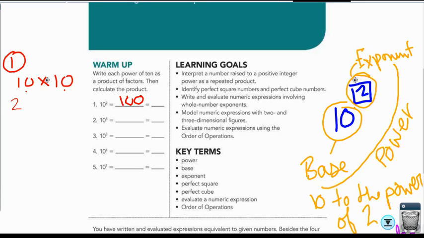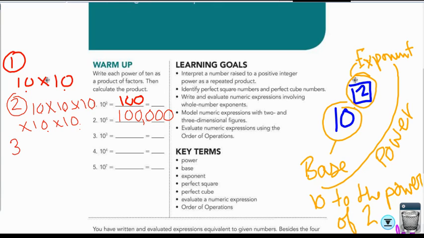Then I have number 2, and that says 10 to the 5th power. And so this is going to be 10 times 10 times 10 times 10 times 10, 5 times. So that's going to be 1 with 5 zeros, which is 100,000.